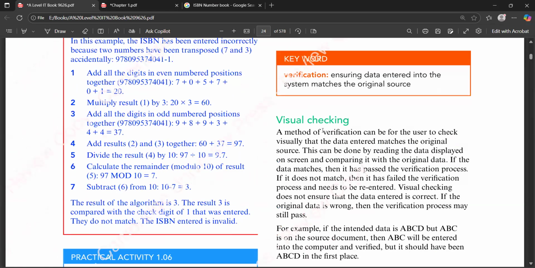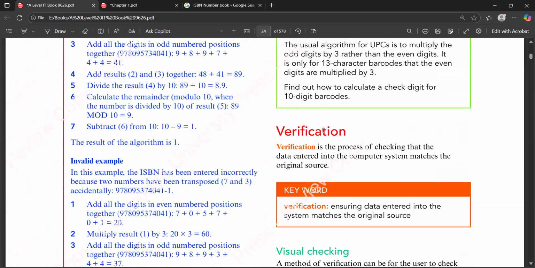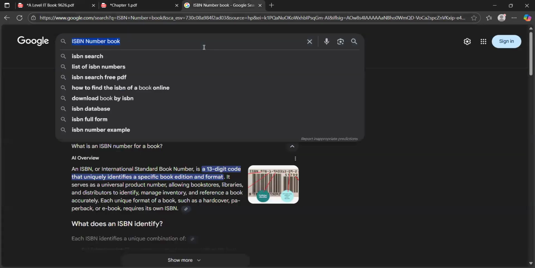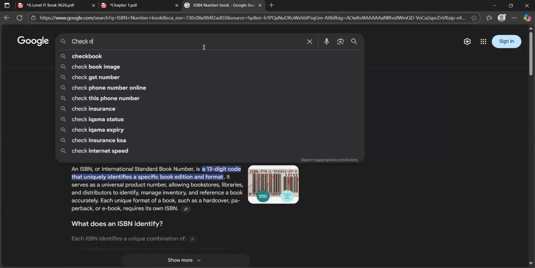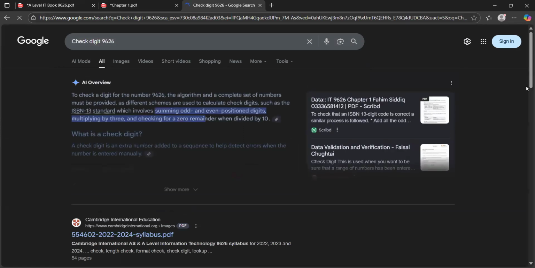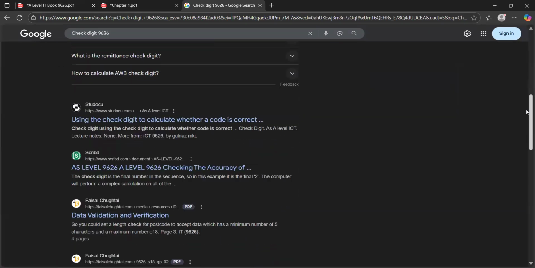But in some cases, if you get a value that is not valid, that means your data will be invalidated. So let me share an example question on check digit so we can work with it.